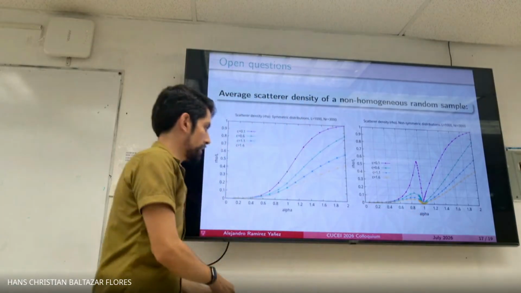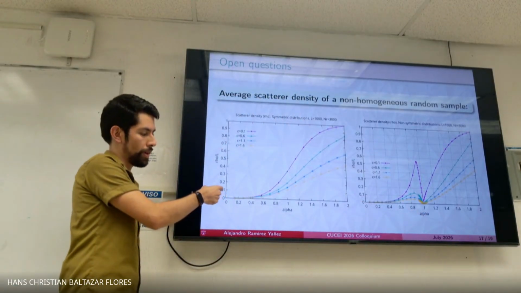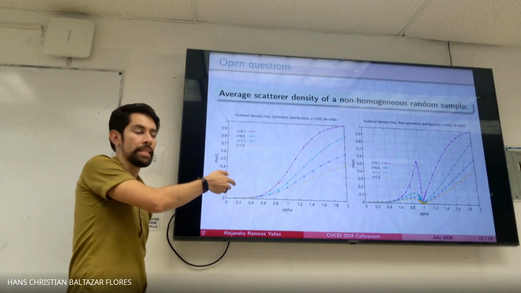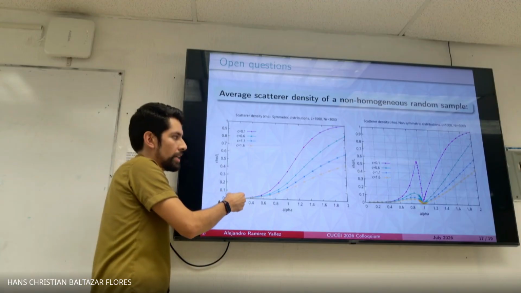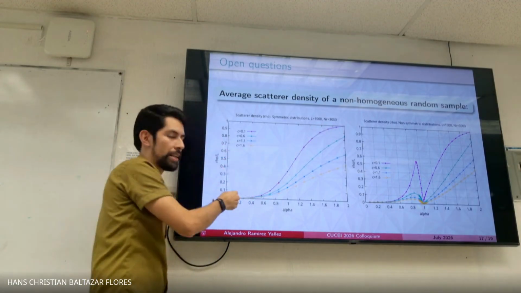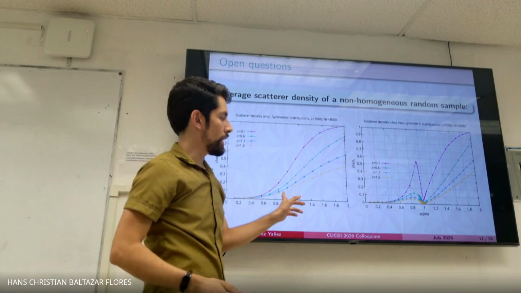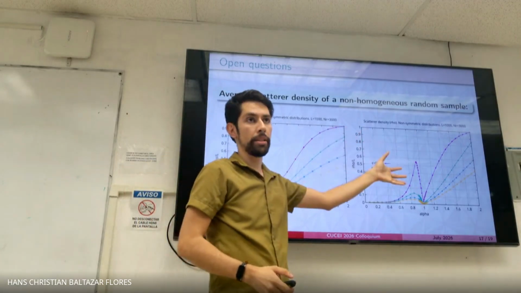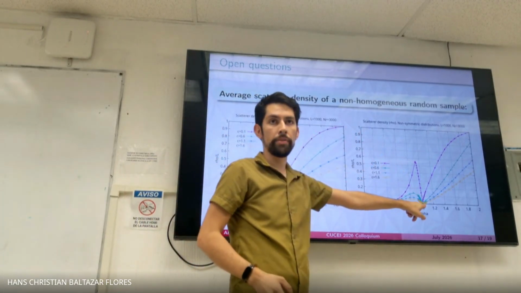You can see that in this example, where the distribution was symmetric, it doesn't matter what this graph means. You only have to see that this doesn't have any singularity. But as soon as we change from symmetric distributions to asymmetric distributions, we encounter this kind of singularities.